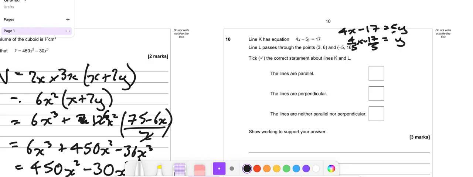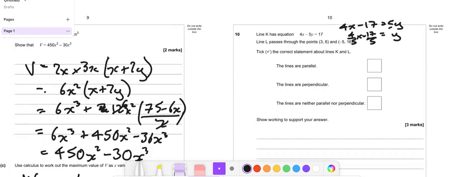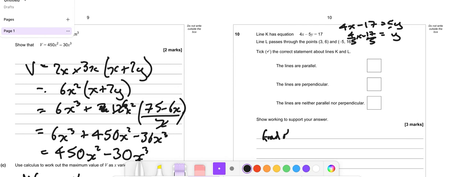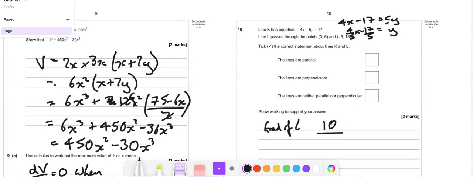And then L, the gradient of L is the rise, which is 16 minus 6, which is 10, over the run, which is minus 5 minus minus 3, minus 8. So this is minus 5 over 4.